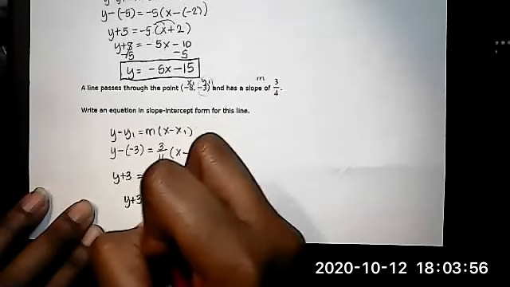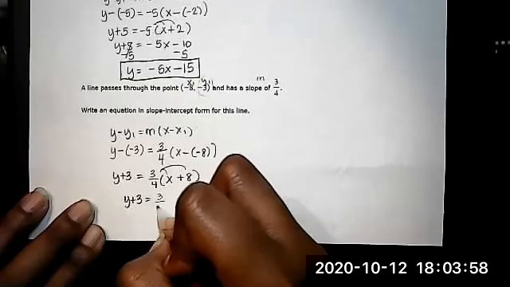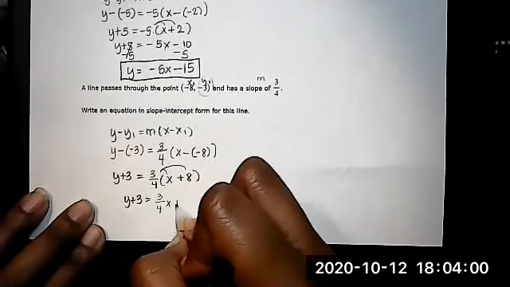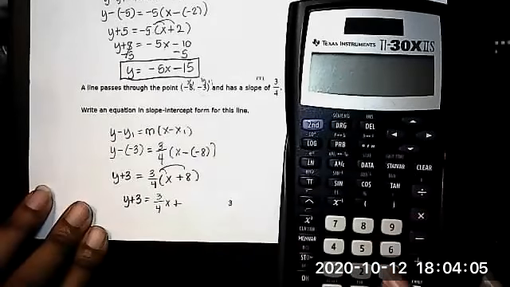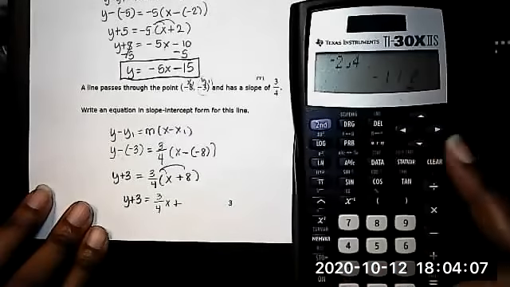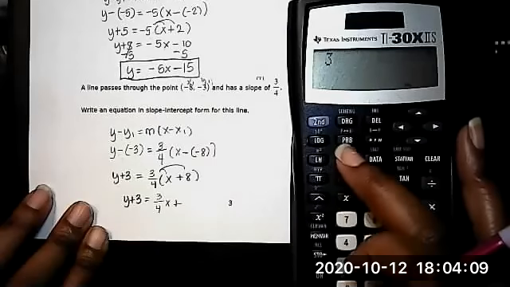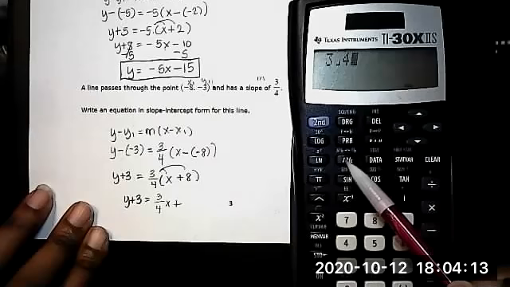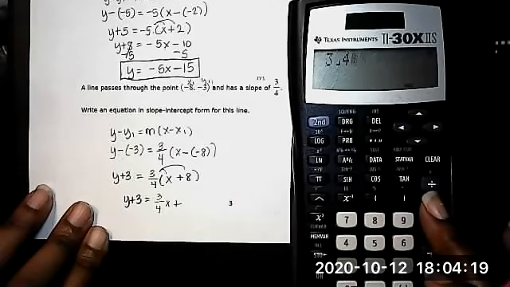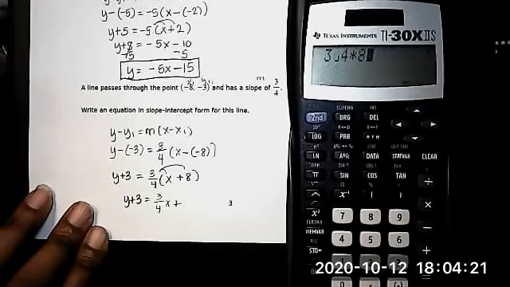Y plus 3 equals 3/4x plus, now your calculator can do this for you. You're multiplying 3 divided by 4. And I wanted my answer to be in fraction form if it's a fraction, okay? I don't want it to come out to be a decimal. And then I'm multiplying that times 8.